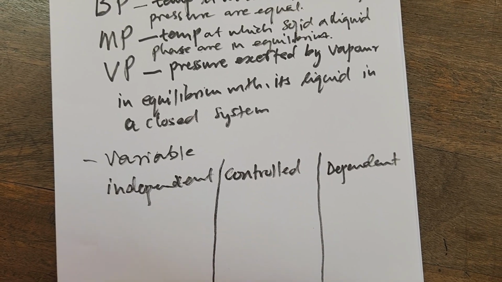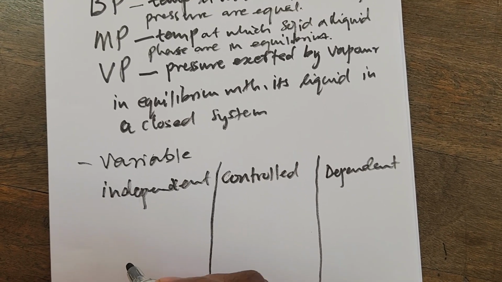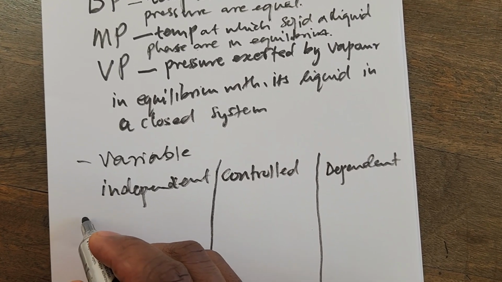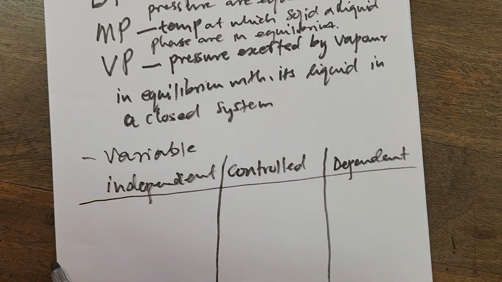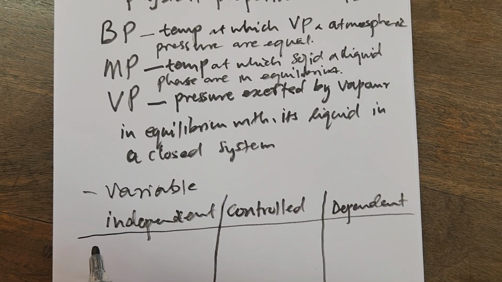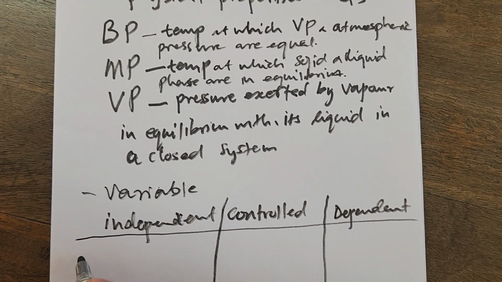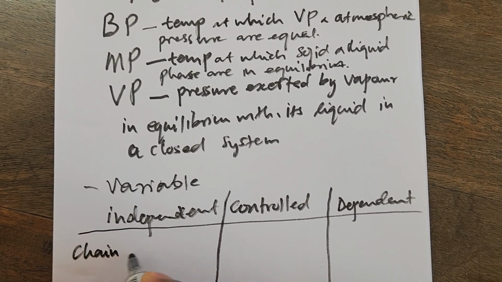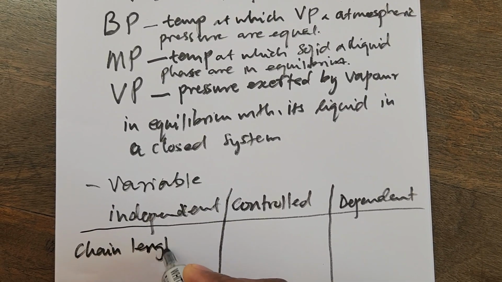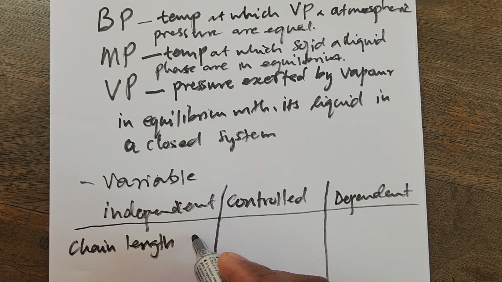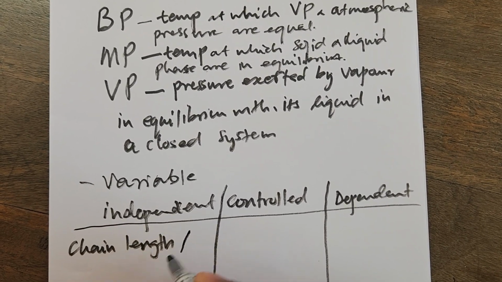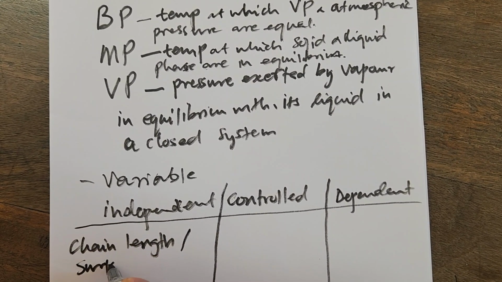Now, which ones can be independent in this section of organic molecules? Mainly, if you are dealing with organic compounds belonging to the same functional group, you will be dealing with the chain length. If you don't want to talk about the chain length, you can just talk about the surface area.